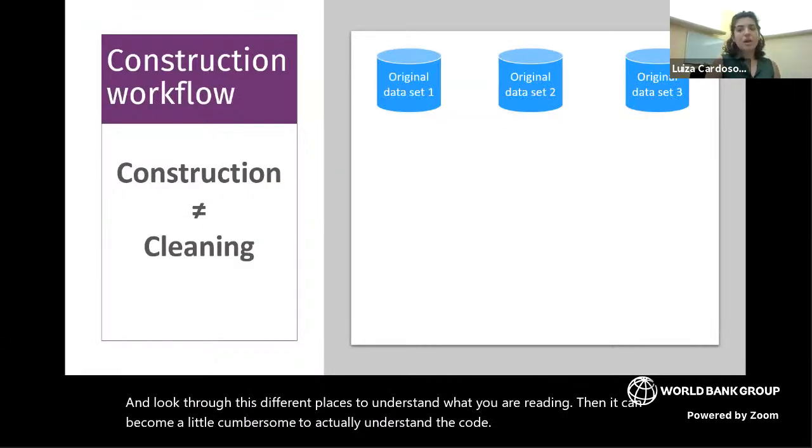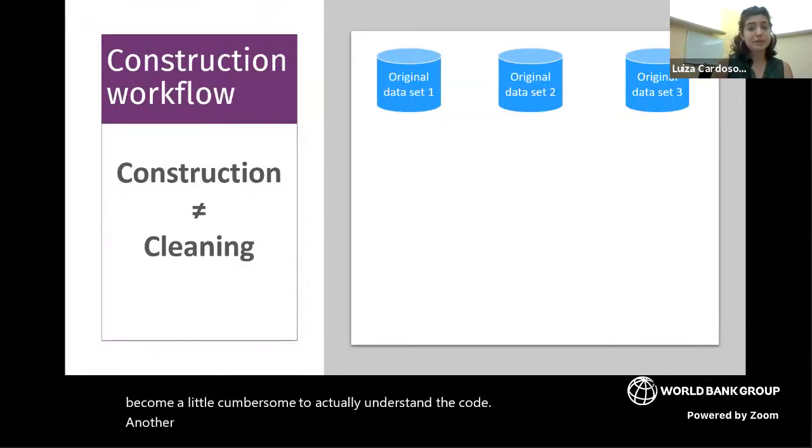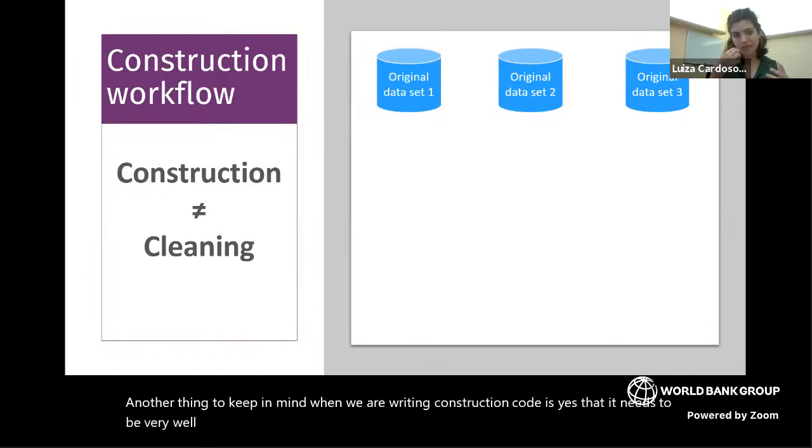Now, another thing to keep in mind when we are writing construction code is, yes, that it needs to be very well documented, but also that it needs to be organized separately from the data cleaning code.